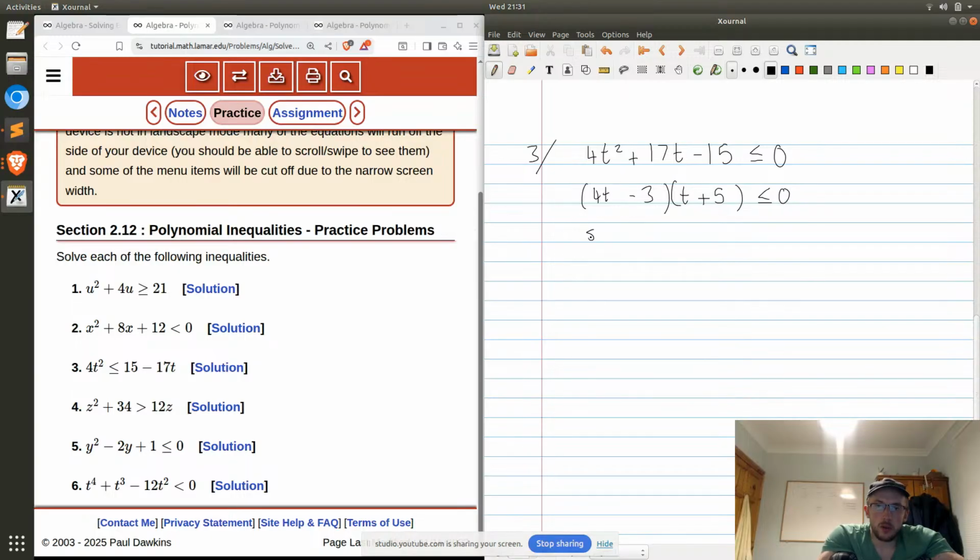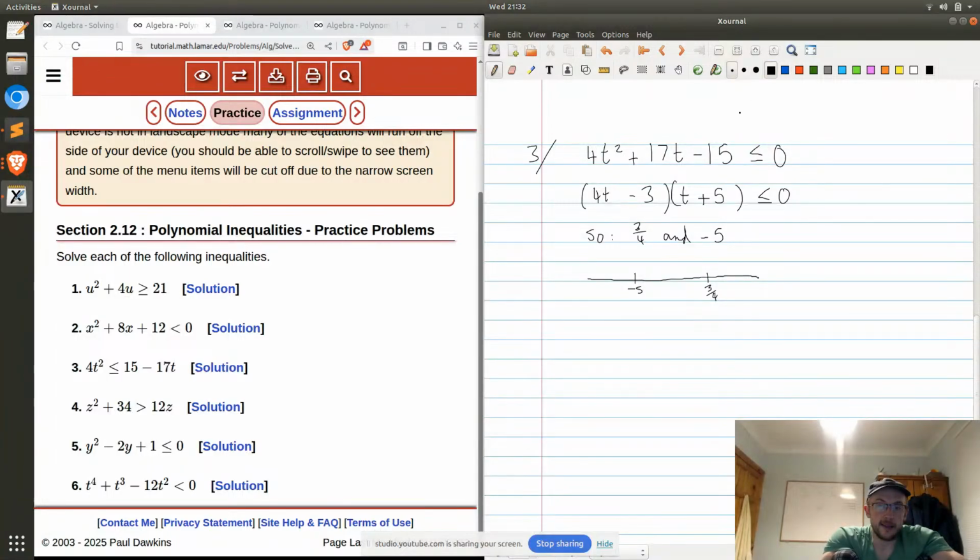So, pretending in our minds that it's an equation, we get 3/4 and -5. Those are like our special numbers. So we picture our number line, and we have -5 there and 3/4 there. Now, what did I say?